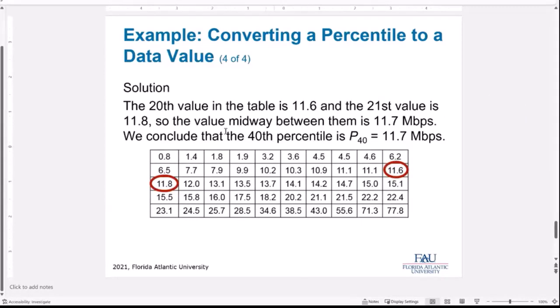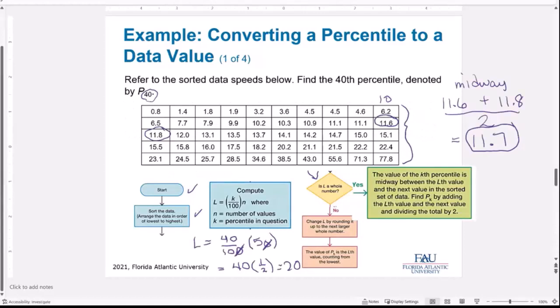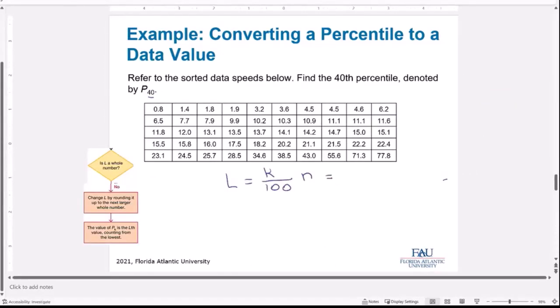They're just basically saying it's somewhere halfway between the 20th and the 21st. They add those two numbers together, divide by 2, they get 11.7, which is exactly what we got. I want to find what's in the 41st percentile.